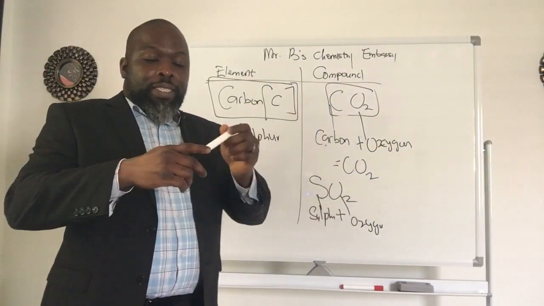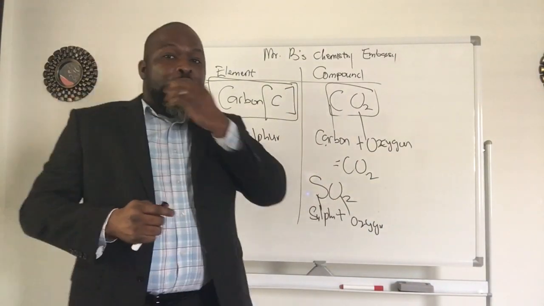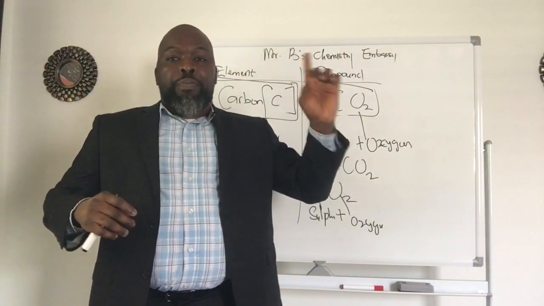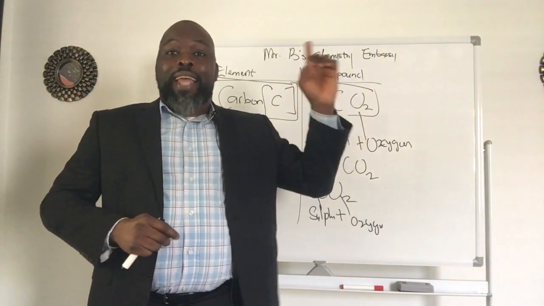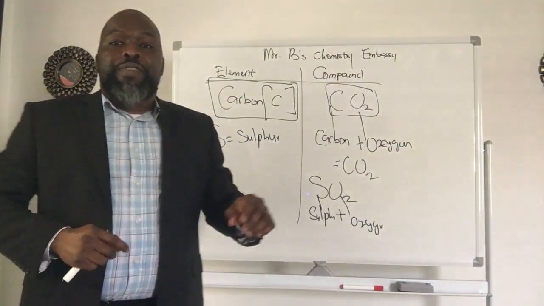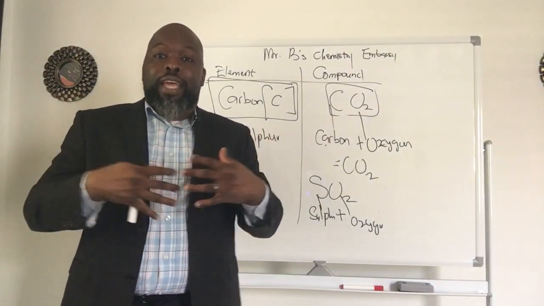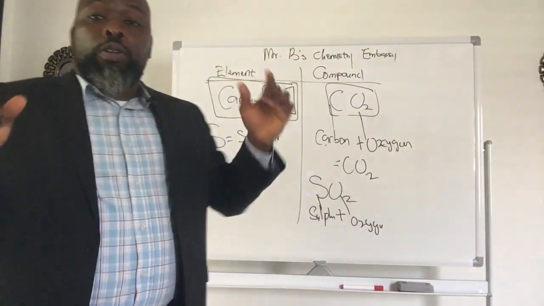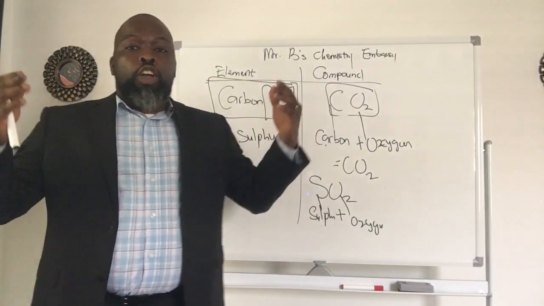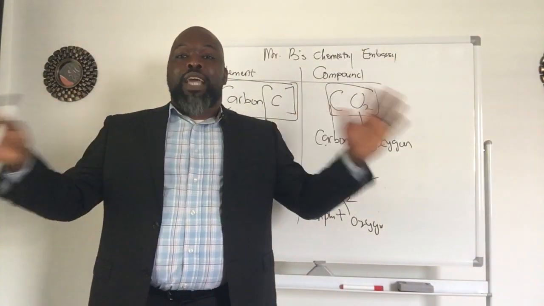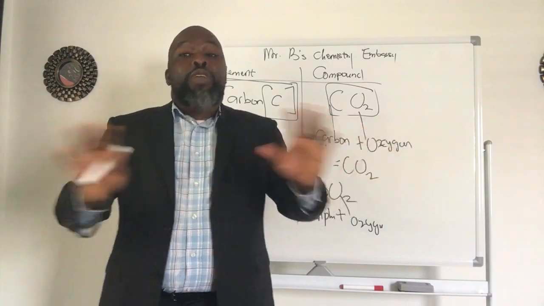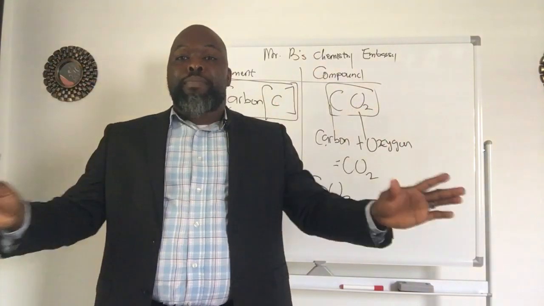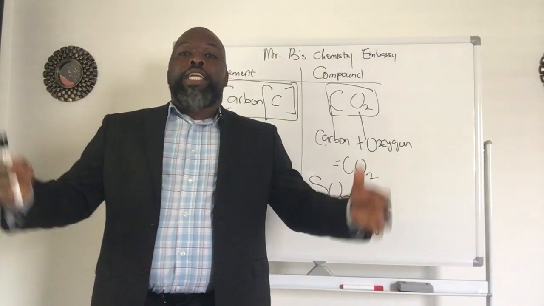So never mix this up again. When you're referring to something single, that is an element. And when you're referring to two or more things joined together, that is going to give you a compound. To recap, on your periodic table, you have several elements. You don't have compounds. You only have elements on the periodic table.